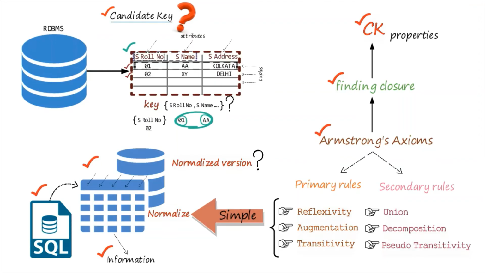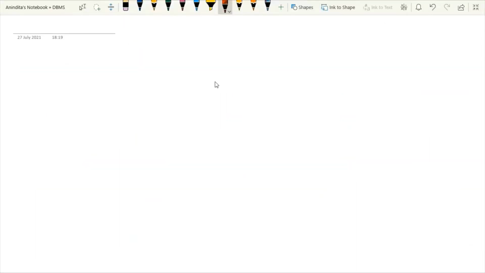Now, first I will discuss this closure part, meaning how to use all these rules of Armstrong's axiom to find out the closure. So now let's begin with the shortcut trick. So here say it is given that there is one relational table. Whenever I'm talking about R, always understand R means the entire table that I am talking about.